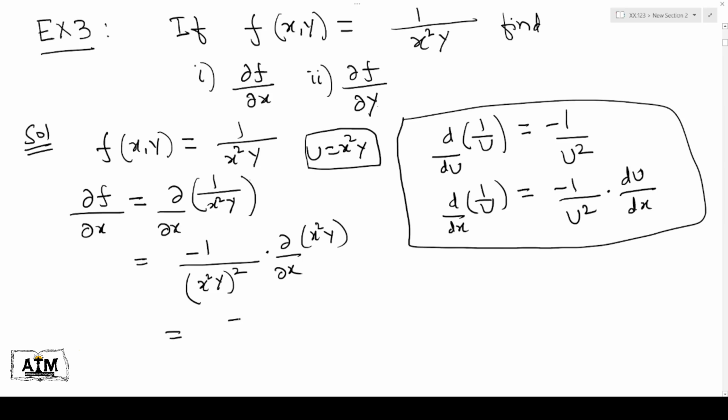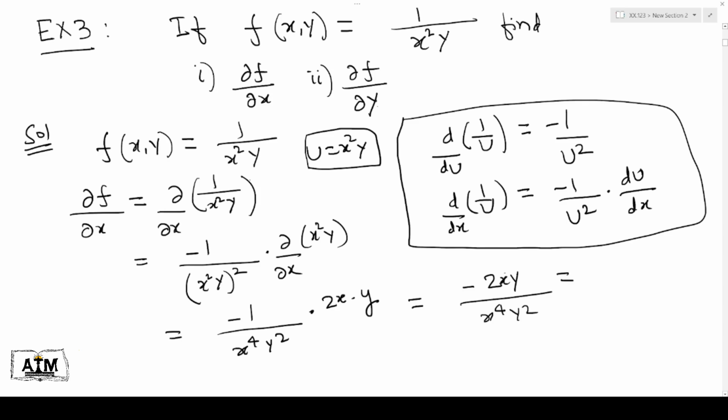So this equals minus 1 upon x raised to 4 y square multiplied by 2x, and y being a constant will remain the same. This equals minus 2xy divided by x raised to 4 y square.